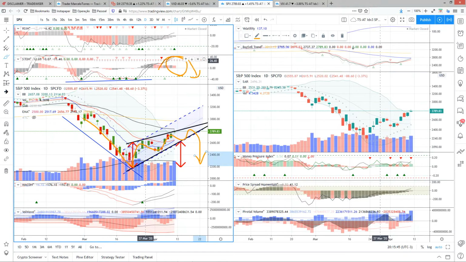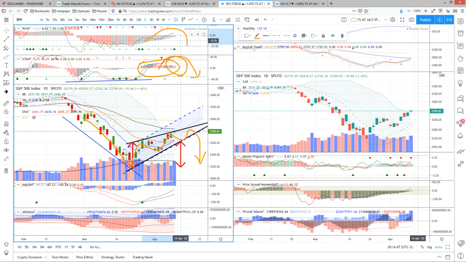And check this out. The histogram of the stochastic is already exercising some downtrend move, okay? And the same way we have on Dow Jones, we should sometime this week see the relative strength index starting to build a negative move.